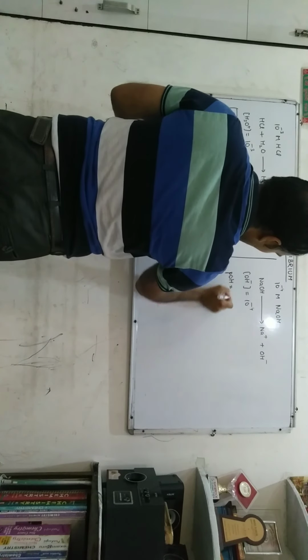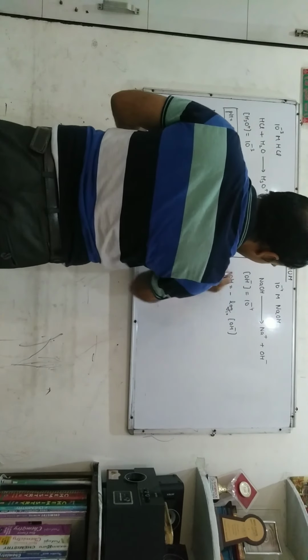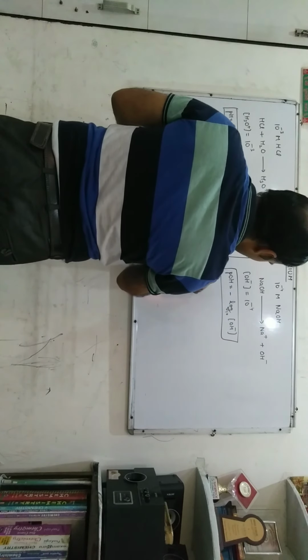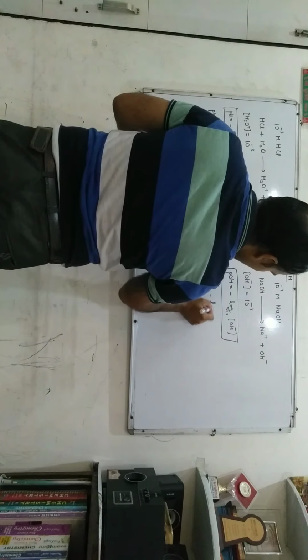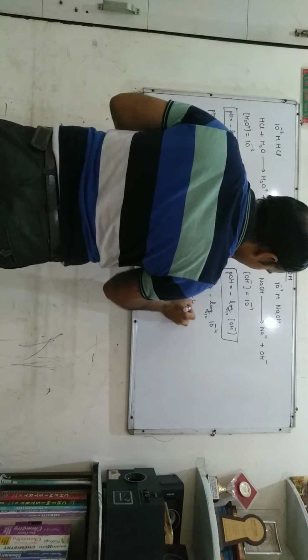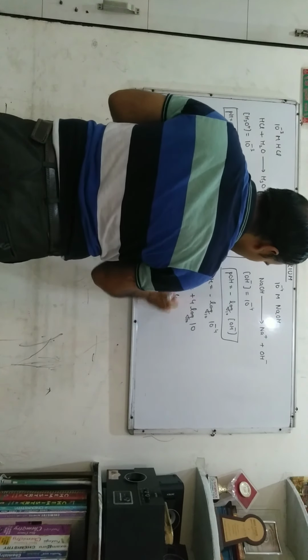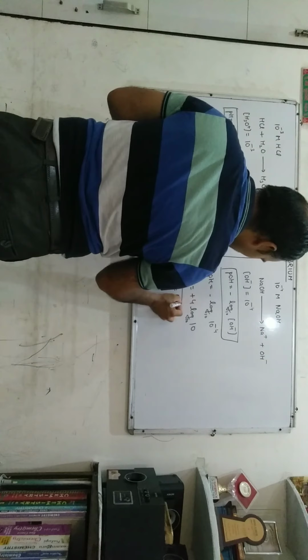We know that pOH is defined as the negative logarithm of the OH negative ion concentration. Now put the value in. We get this quantity. Log base 10 of 10 is 1. Then pOH is calculated to be 4.